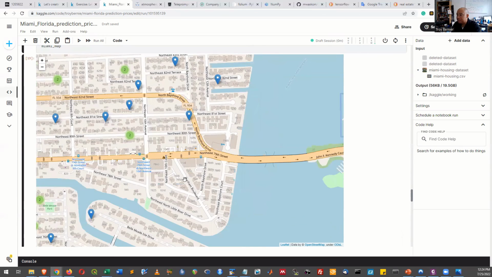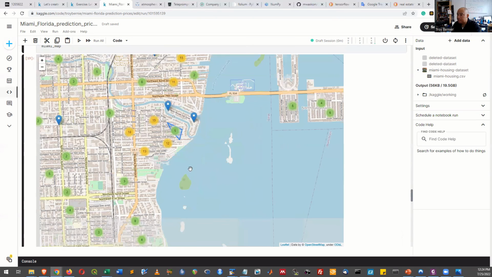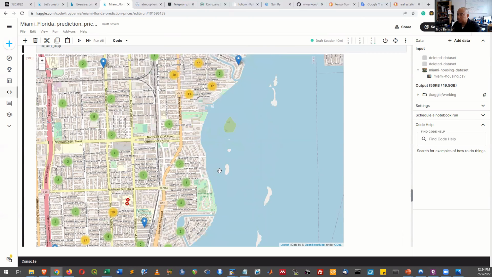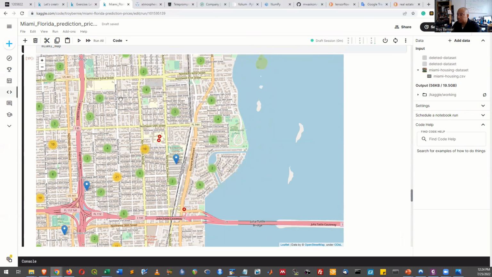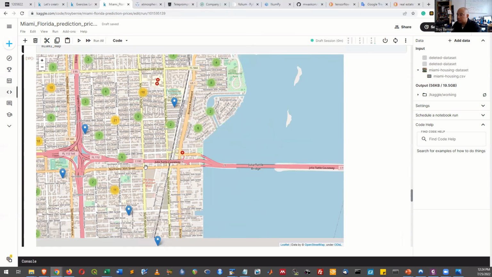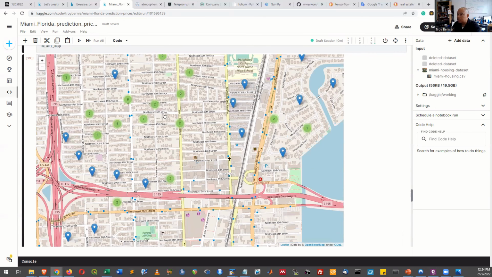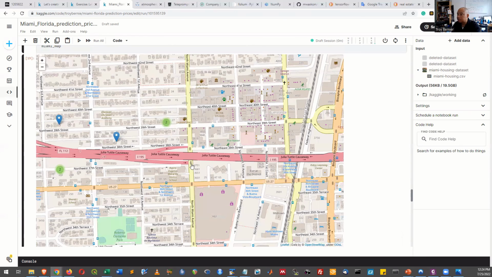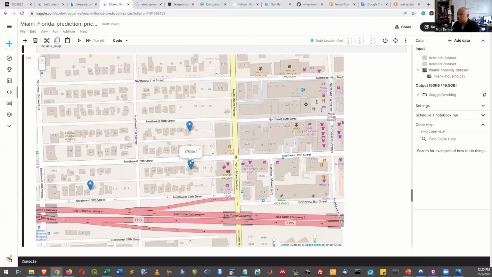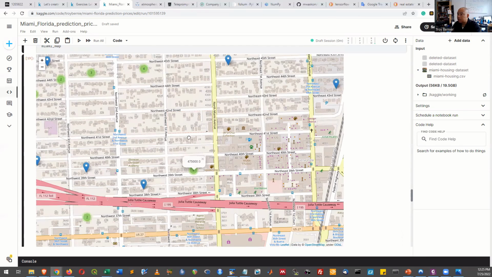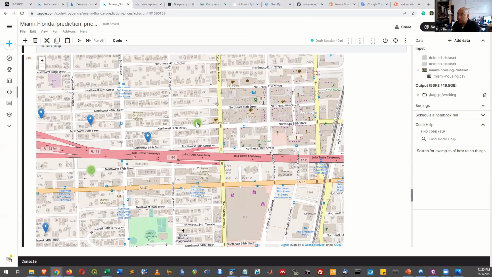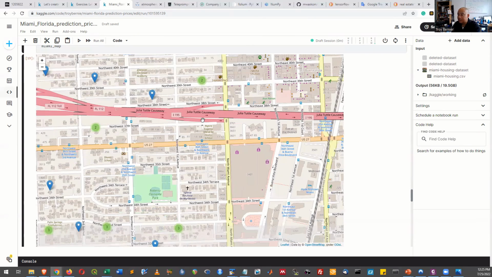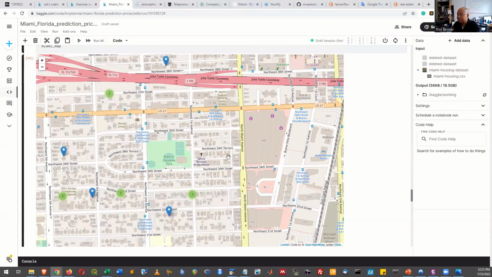Okay. Any particular place you want me to look? Let's look at, this is the design district. Not a lot of sales. 475. I can tell right now that would be 975 today, if not more.